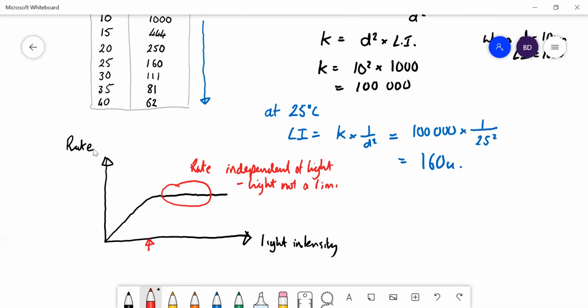It's something else which is stopping the rate being higher, not the amount of light, such as the carbon dioxide concentration. If you increase that, you might go faster, or if you had more chlorophyll, put more weed in there, it might go faster. Whereas at this point of the graph, down here, we would say the light is the limiting factor. You can make the photosynthesis go faster by giving it more light.